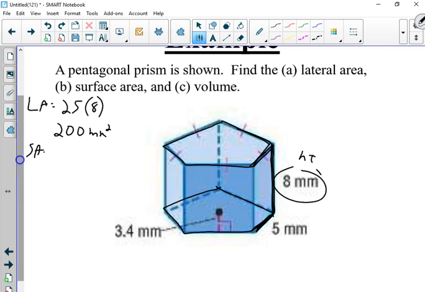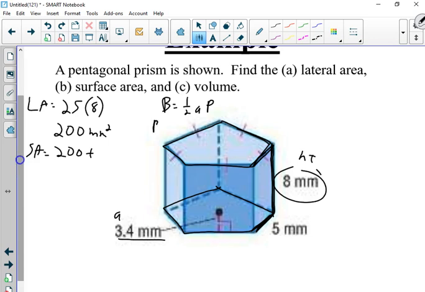Your surface area, you're going to take that number, the lateral area, plus 2 times the base. Well, now we got to go back to what we learned in section 1. The area of the base is going to be 1/2 the apothem times the perimeter. So here's our apothem, 3.4.